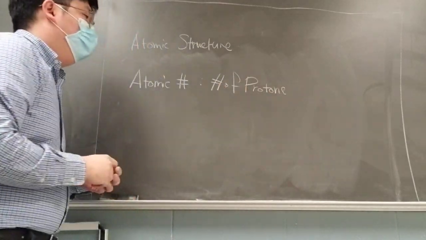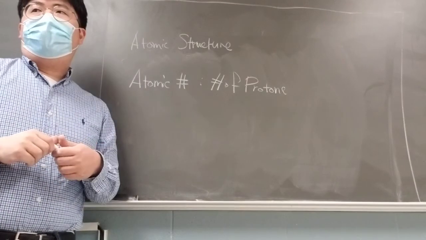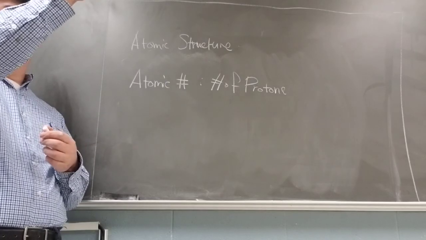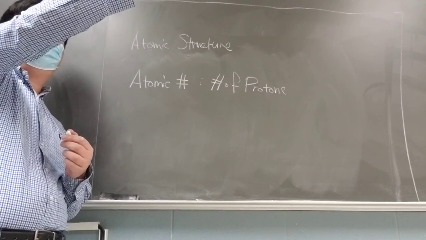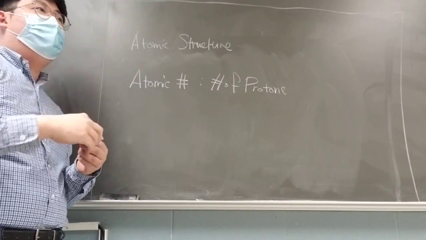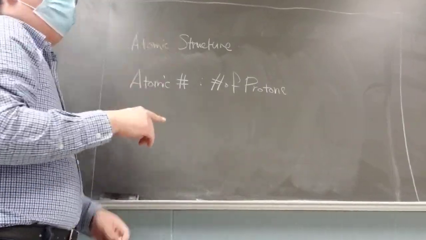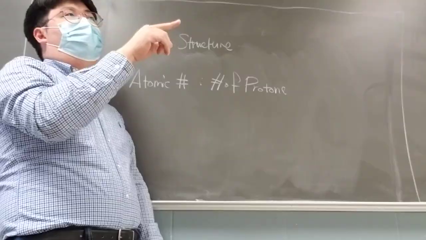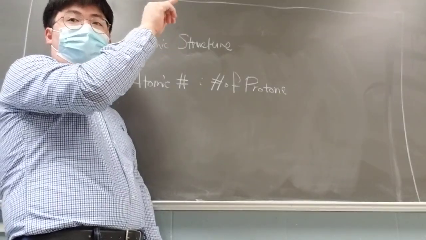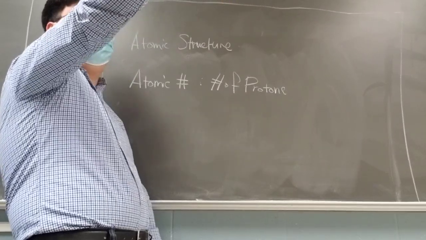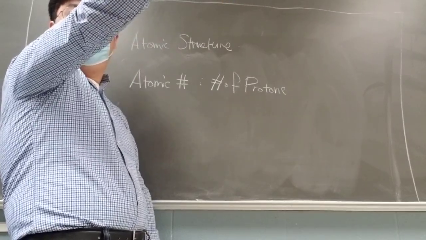That is exactly how you arrange your elements in the periodic table. From the top left, this is hydrogen, number 1. Hydrogen has only 1 proton. The way you read the periodic table is to always start from the top left corner, which is hydrogen, and you go right. So that is what? Helium, right in the corner.